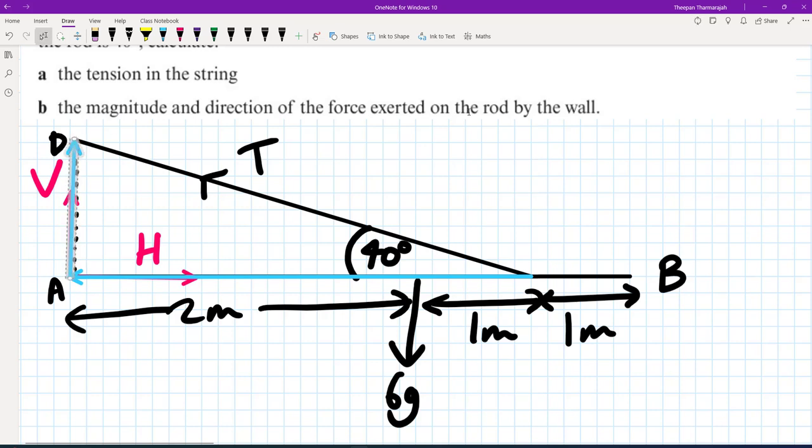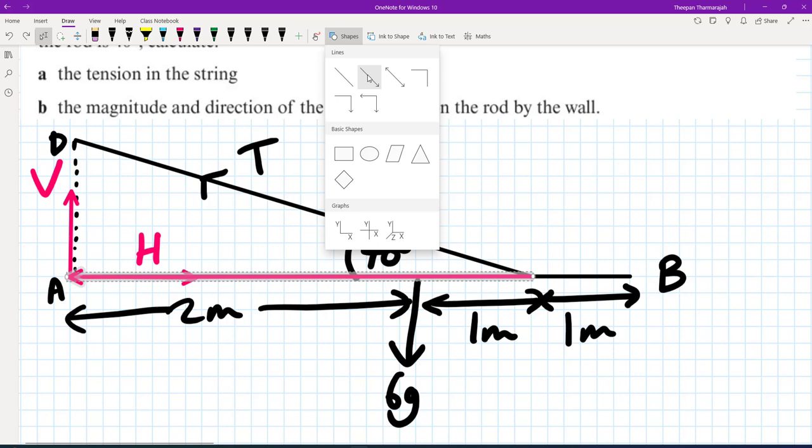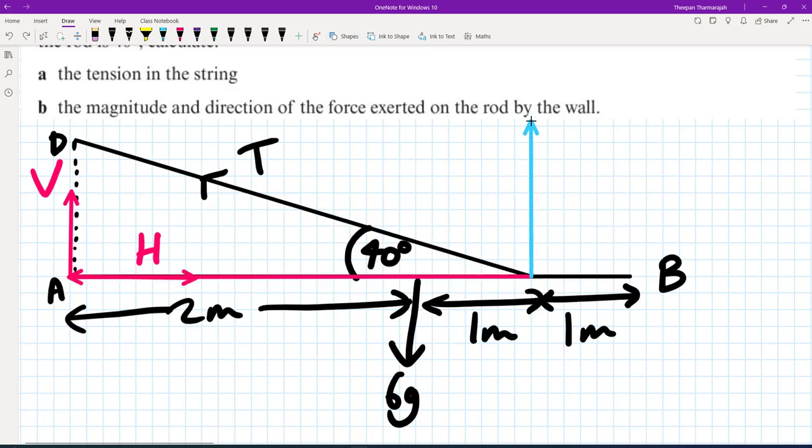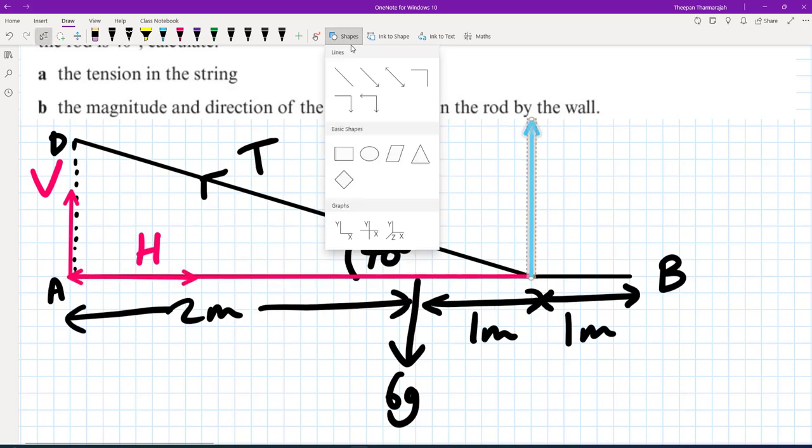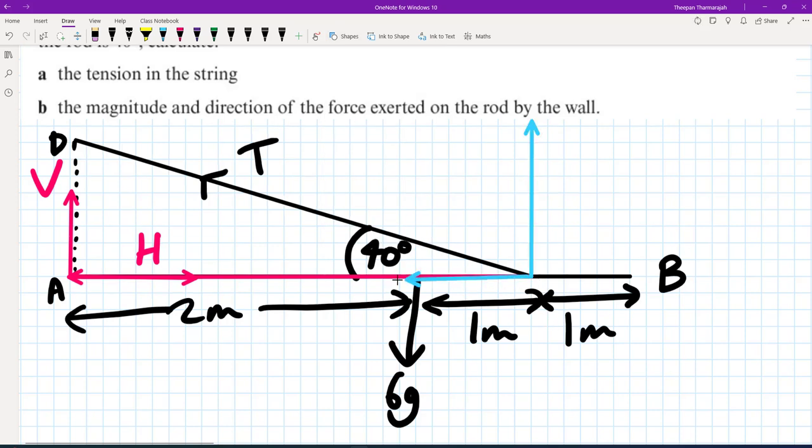But if I leave it like that, the diagram will get a little bit cluttered. So this is how we really resolve the tension at 40 degrees, but for clarity we're going to write the vertical component here, and draw the horizontal like this, so it's easy to read and the diagram won't get too congested.